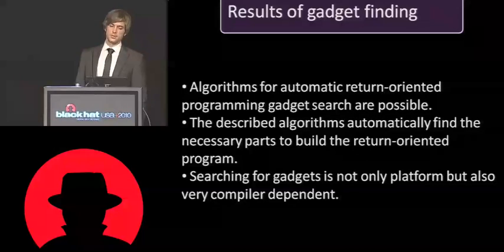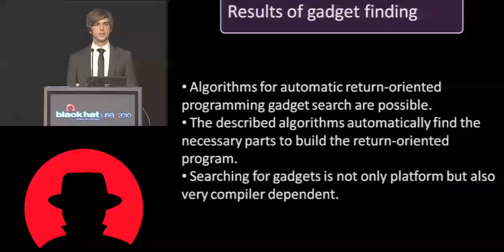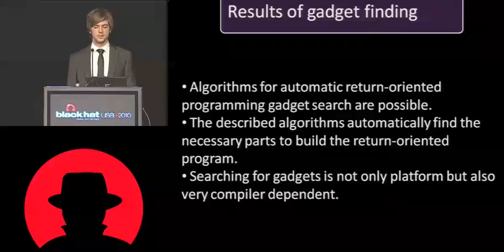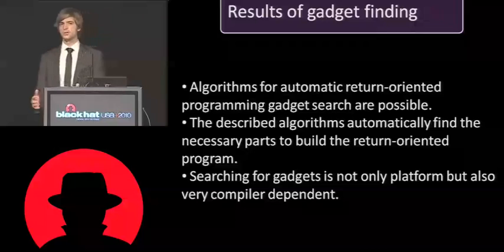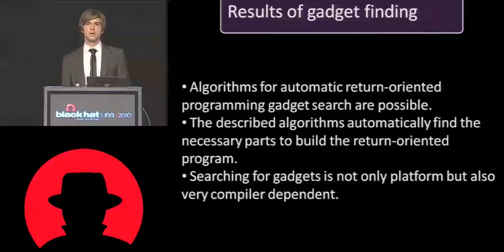Also, in the primary definition of return-oriented programming, the Turing completeness is satisfied. And you always have to think about that searching for those gadgets is very, very platform and very, very compiler dependent.